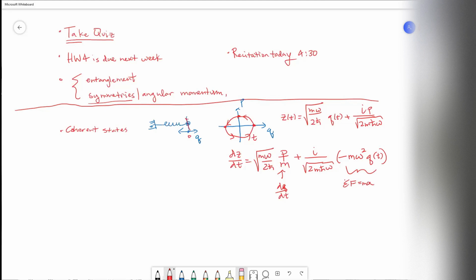So that's classically what it is, and you can see that this actually factors.